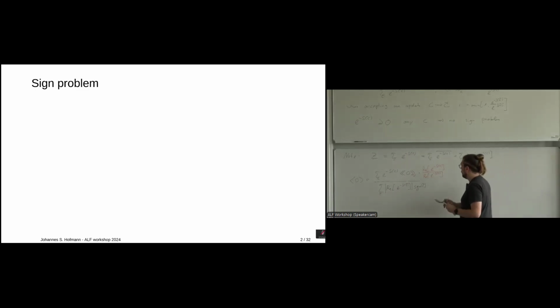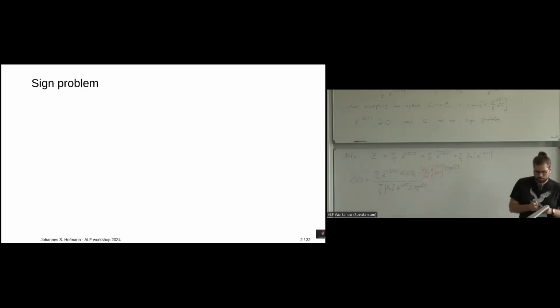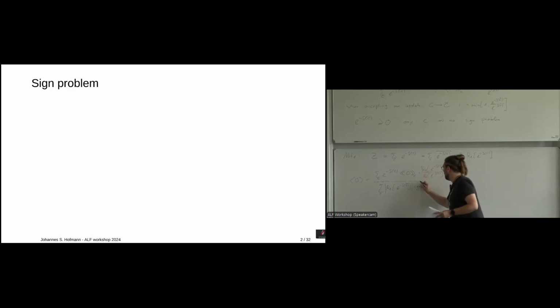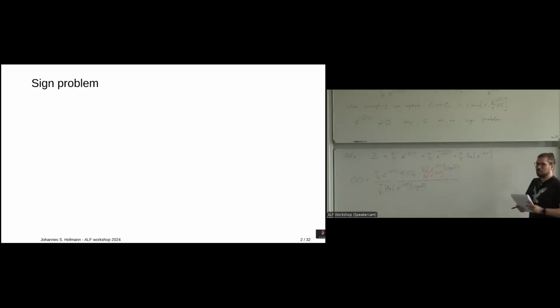And I can do the same thing here, where I now only take the absolute value of the real part and separate off the sign of the configuration. Let me grow this formula even further. I hope every part of this step is clear to the audience, both here and virtually, that I have only rewritten things without changing the value.